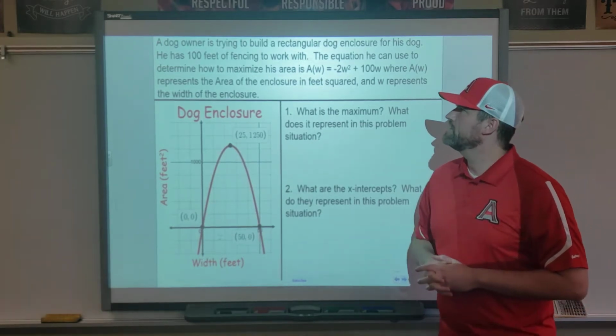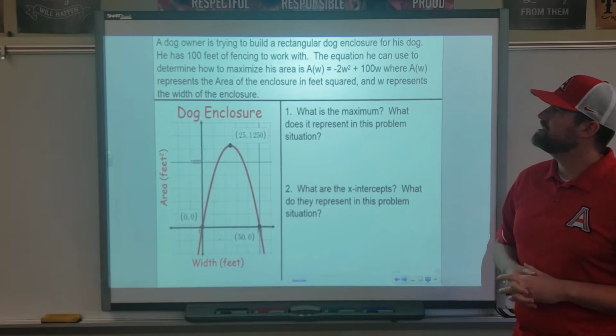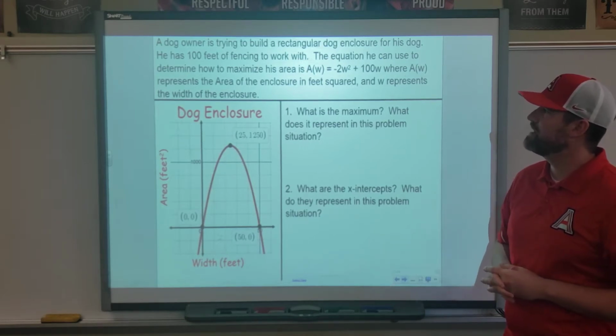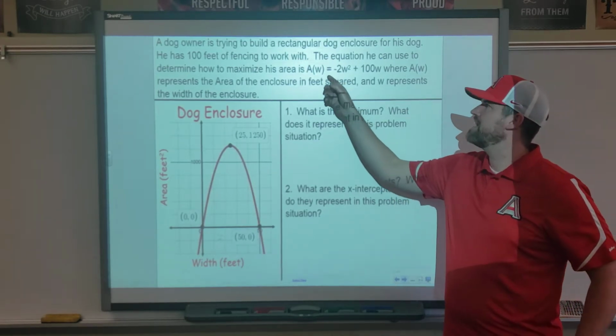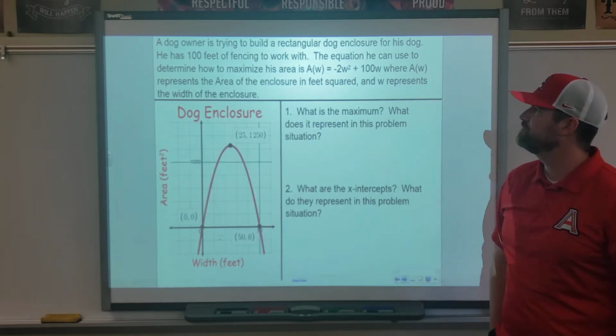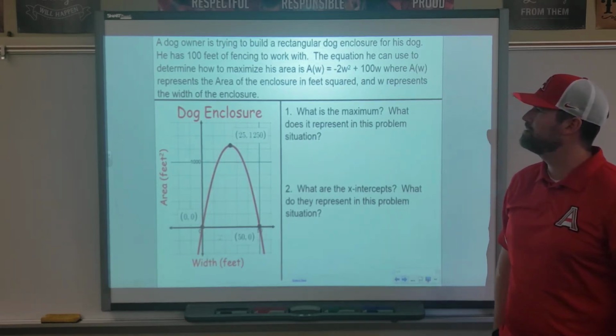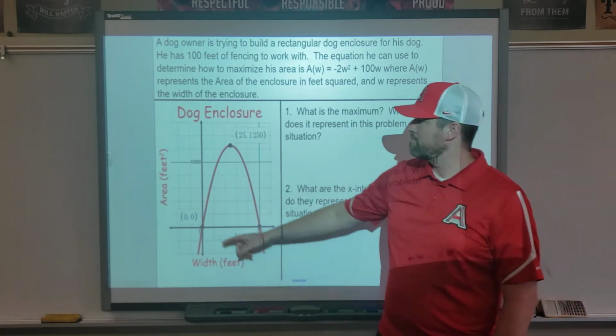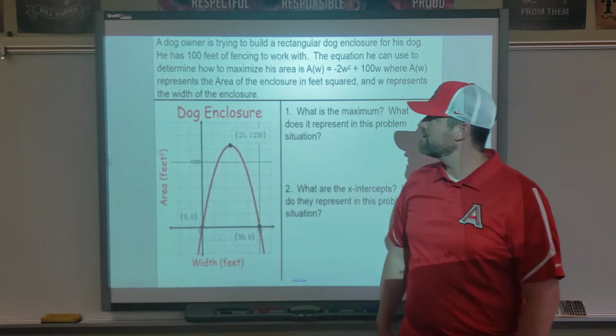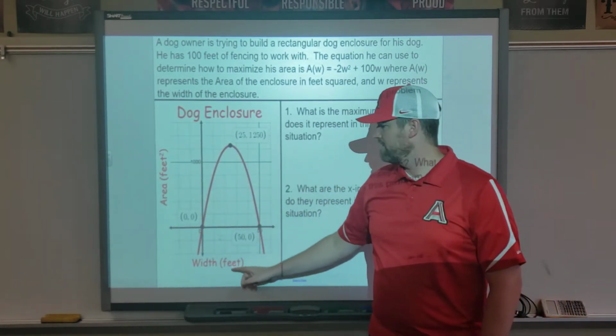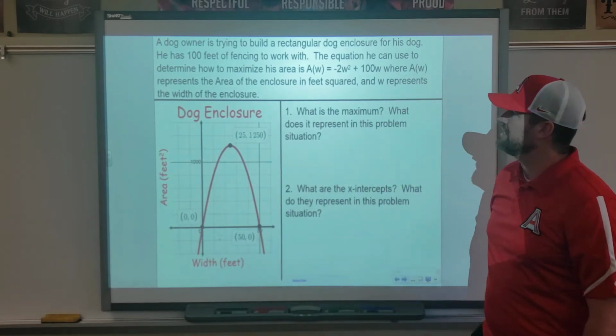He has 100 feet of fencing to work with, and the equation that he can use to determine how to maximize this area is A of W equals negative 2W squared plus 100W, where A of W is representing the area in feet squared, and W is representing the width of the fence in feet.